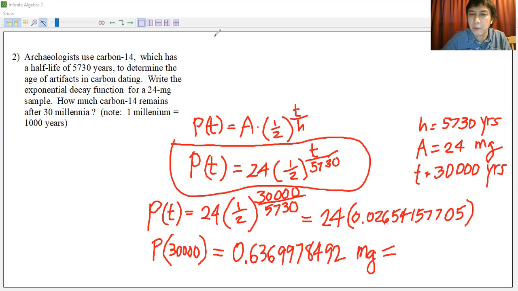All right, this will now be rounded to the nearest 100. This is only 0.64 milligram.